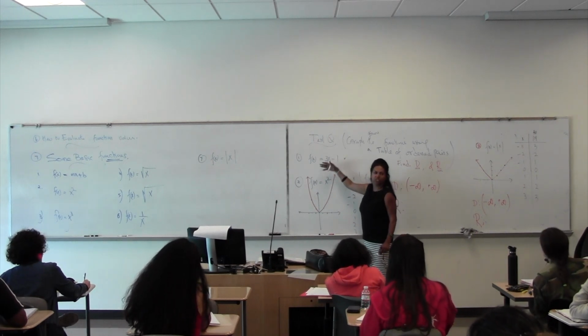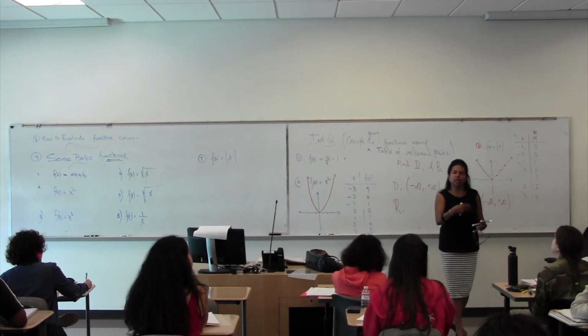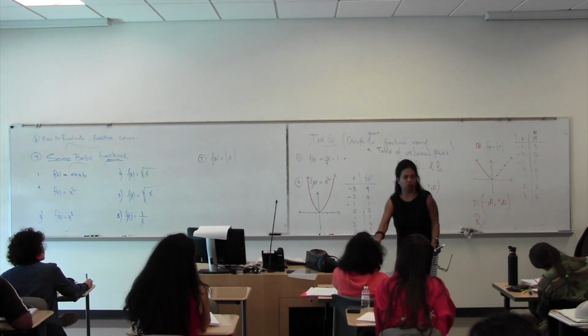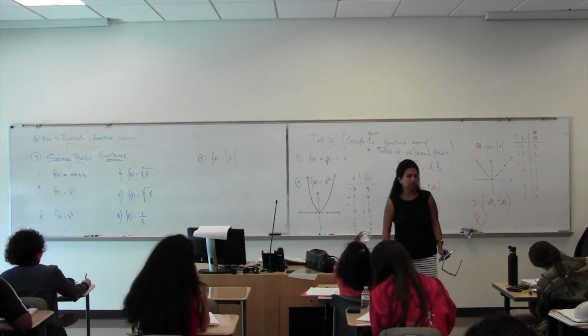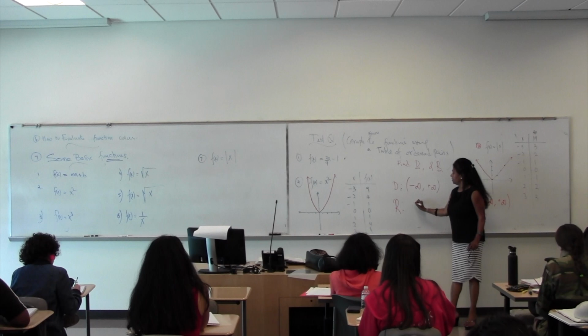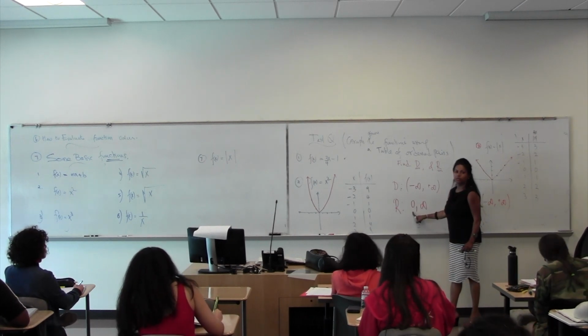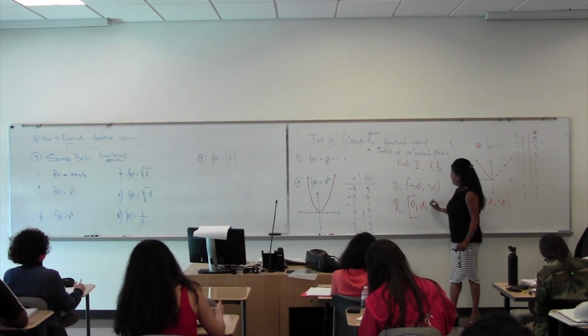No. Function is a rule, and according to that rule, we will never go below 0. So what is the range here? 0 to positive infinity. Is 0 included? Yes, 0 is included, and infinity.